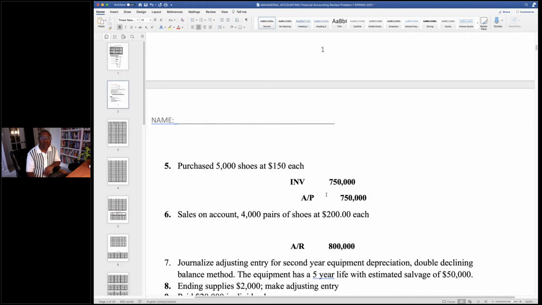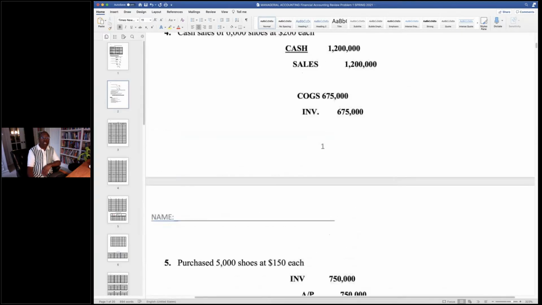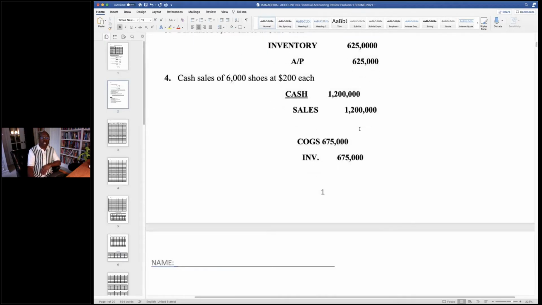Yes, it is. And we're going to credit sales again. Sell on account, we debit accounts receivable, to be paid later. For a cash sale, we debit cash. So we're crediting sales each time.